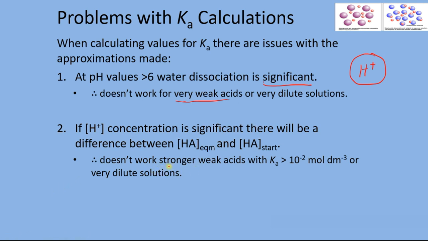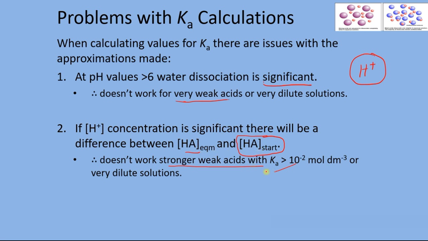It doesn't work for stronger weak acids, when Ka is more than 0.02. Why is that? Because you are assuming that the HA at the start, whatever concentration you're starting off with, is going to be the equilibrium concentration.